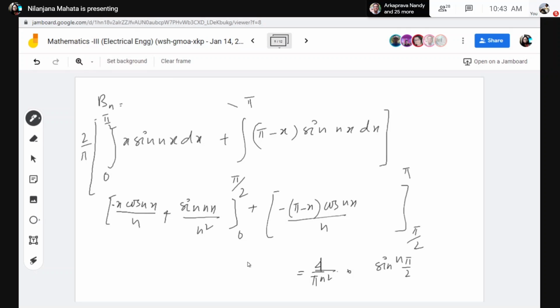Yes, ma'am. And this will vanish at n even, that means you will only have the odd terms. The even terms will vanish for sine n pi by 2.